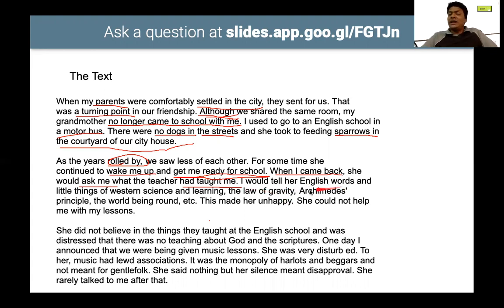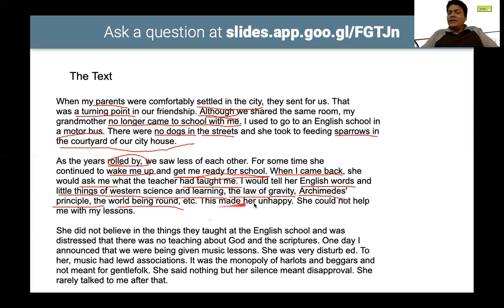I would tell her English words and the little things of Western science and learning. The law of gravity, Archimedes principle, the world being round. So it means the author used to tell literature, science, geography, mathematics, and all about the world being round, all those things whichever is taught in school.